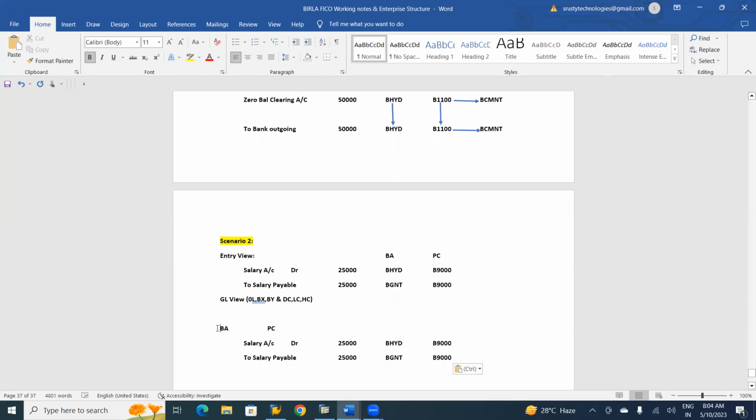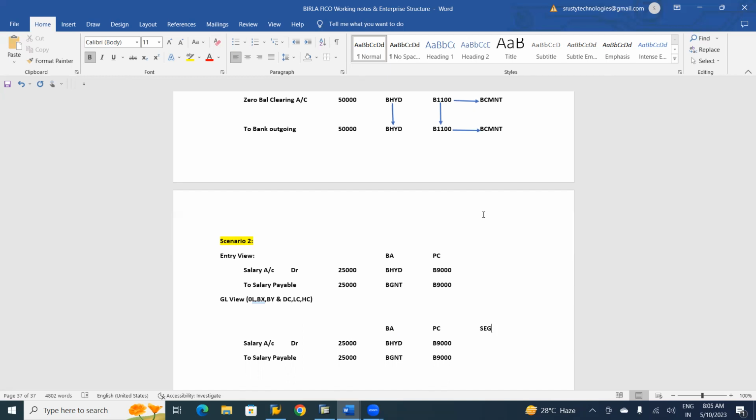Now tell me, what would be the GL view? How will it be split? You understood, right? The above one. So now at which level will it be split?